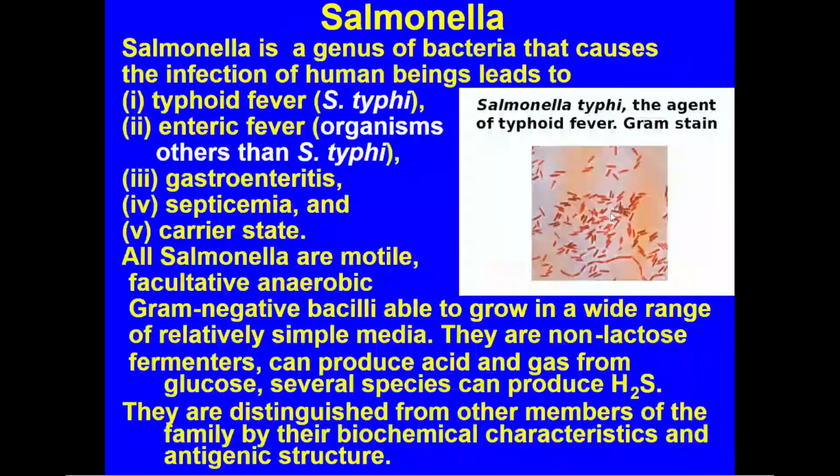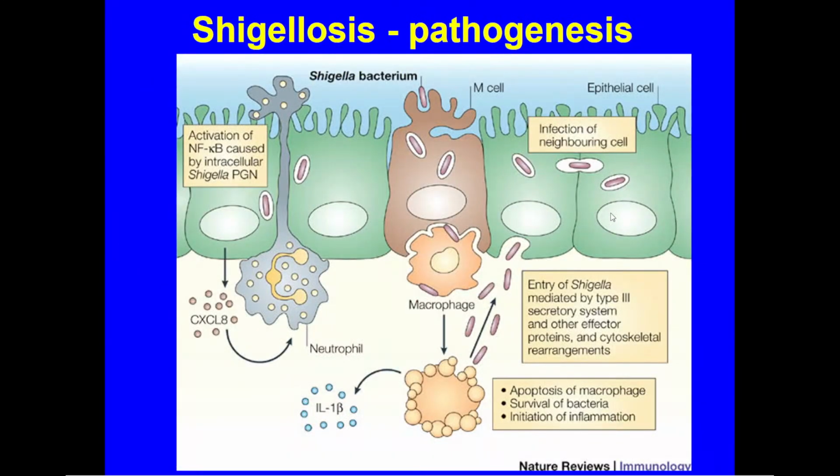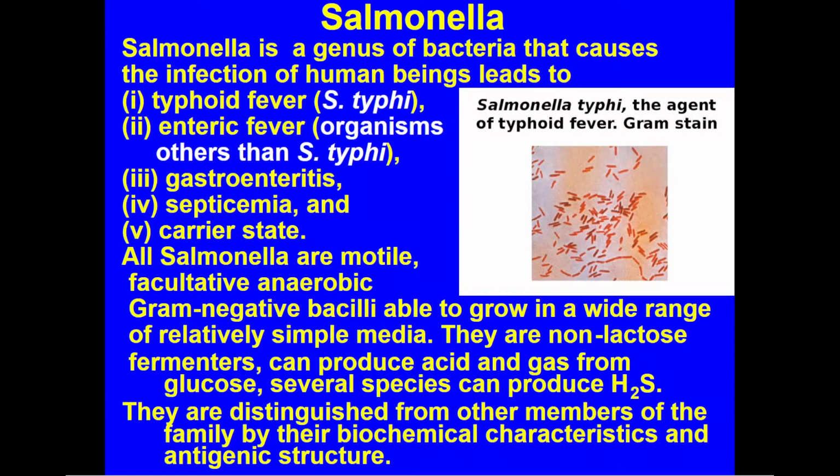So then, the next one is Salmonella. This is a genus of bacteria that may lead to several health conditions. The first one is typhoid fever caused by Salmonella typhi.